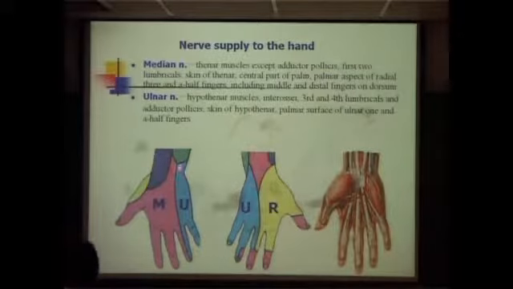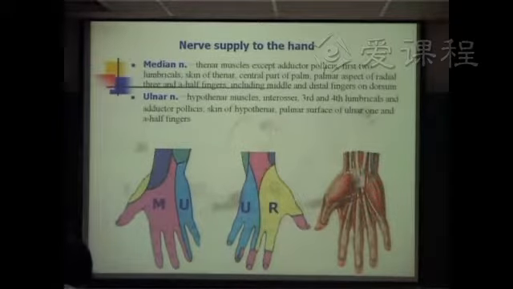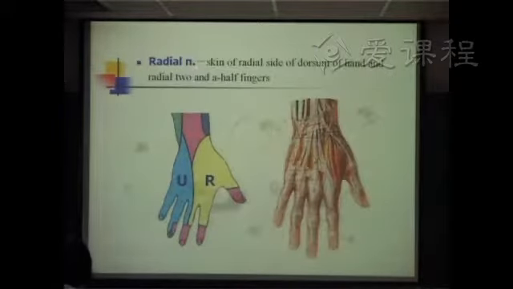Of course, besides the skin, it also supplies the muscles. And the ulnar nerve also supplies the skin and some muscles on the hand. Next, the radial nerve also supplies a part of the skin on the dorsal of the hand.